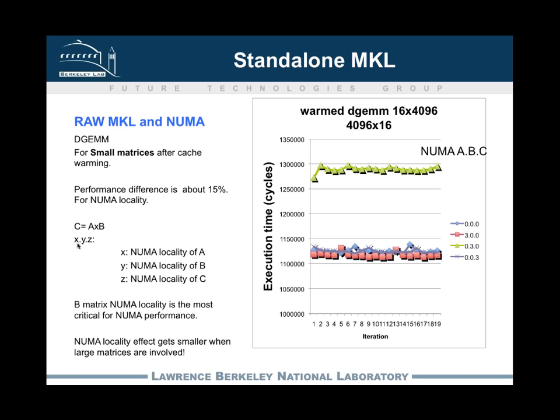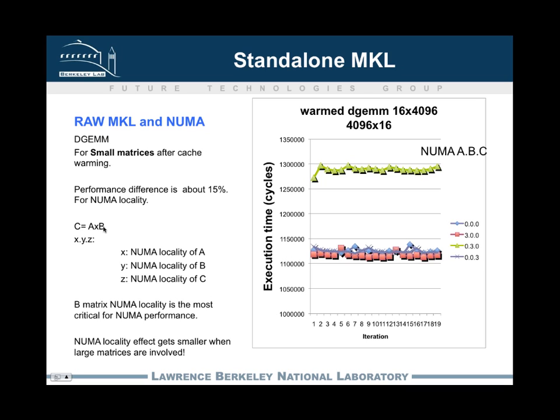We try to put matrix C in NUMA node X, matrix A in NUMA node Y, and matrix B in NUMA node Z. We see that the performance is not affected much by the NUMA node where each of these matrices resides, except for matrix B, which has strided access.